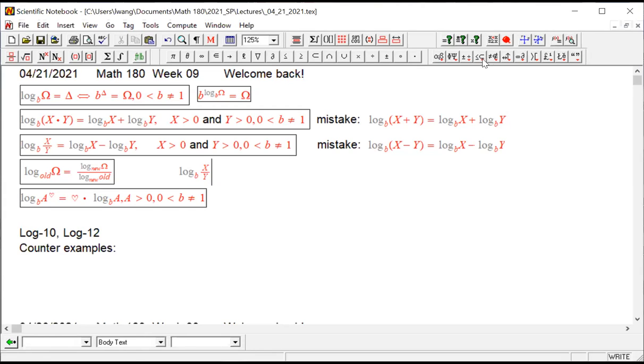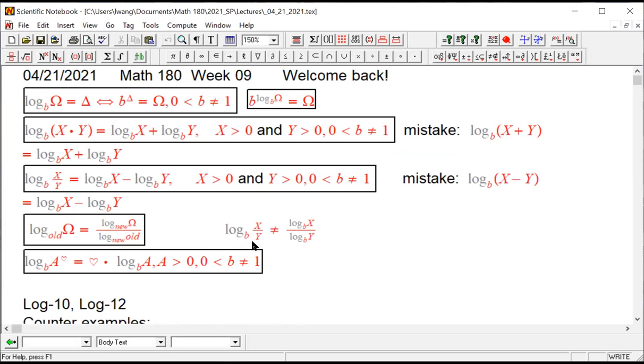This is usually not the same as, well, as that. A lot of people make these mistakes. Not the same. Okay, not the same. All right. So that's another mistake.